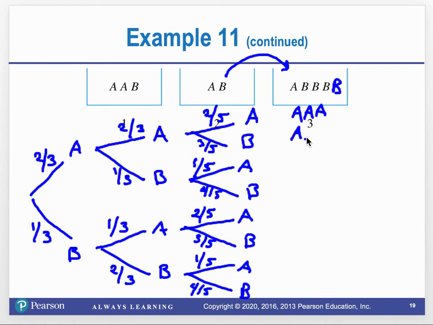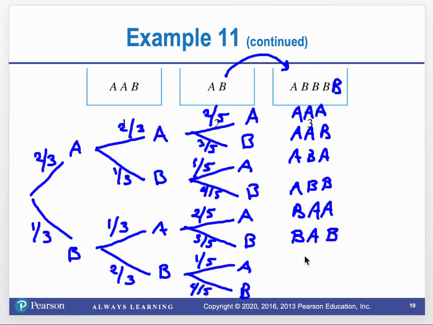And then it's A, A, B. A, B, A. A, B, B. B, A, A. B, A, B. B, B, A, or all three could have been B's. Okay, there's my sample space.